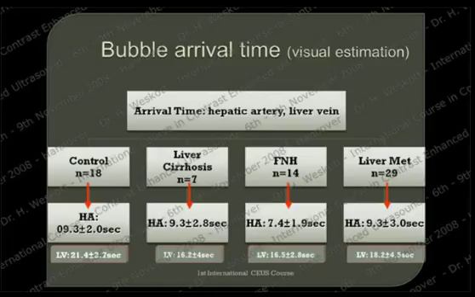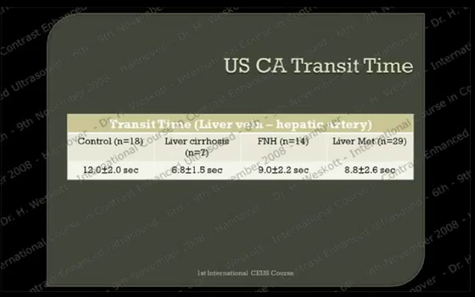But when you look at the arrival time in the liver veins, you see that in liver cirrhosis the arrival time was 16 seconds, FNH also 16, liver mets 18. And the transit time means the arrival time in the liver veins minus the hepatic artery. In the control group, as you just saw, 12 seconds. In liver cirrhosis, 6.8, FNH 9, liver metastasis 8.2.